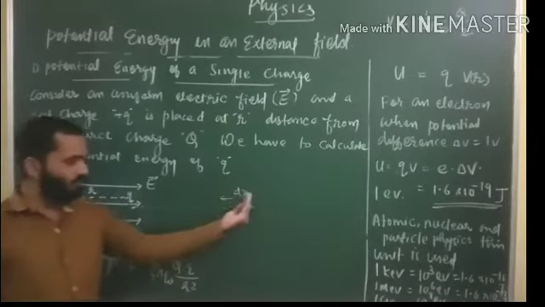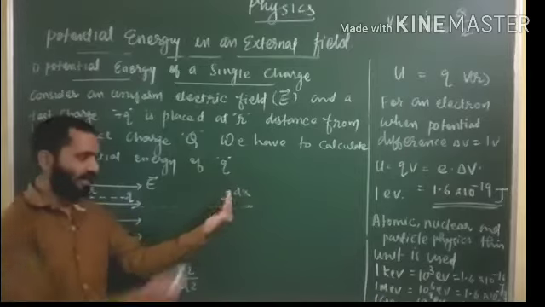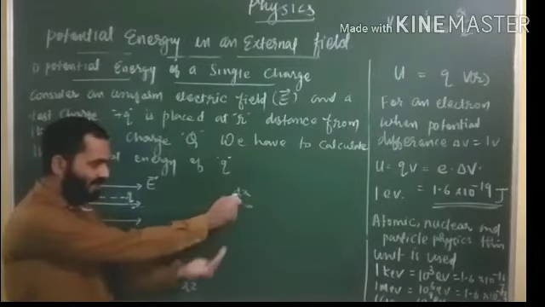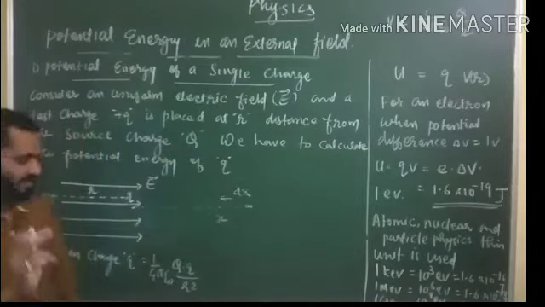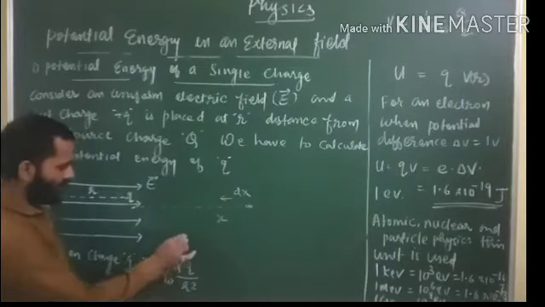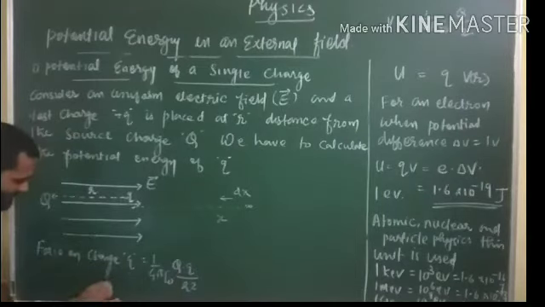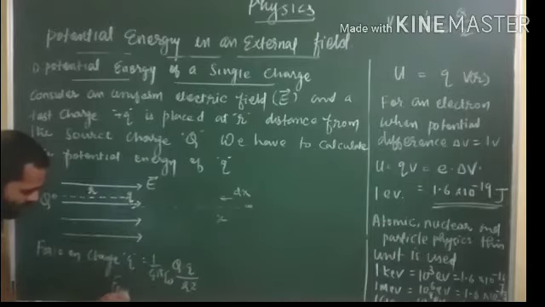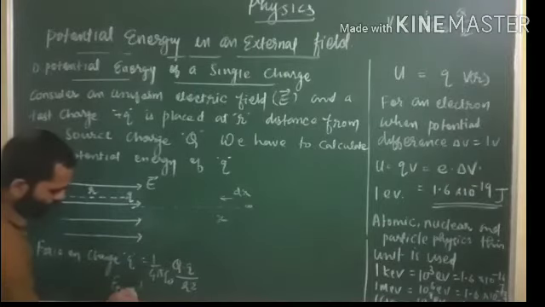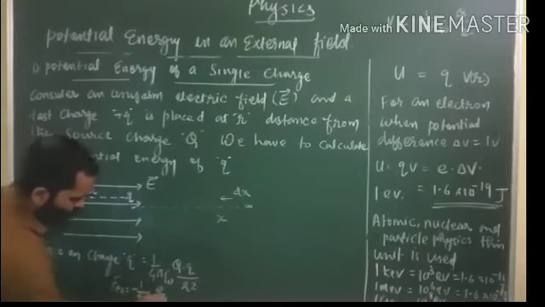Now how much force do you apply on that charge to shift it in this direction? Our answer is we have to apply a force, F external, equal to minus 1 by 4 pi epsilon naught q into q divided by r square.